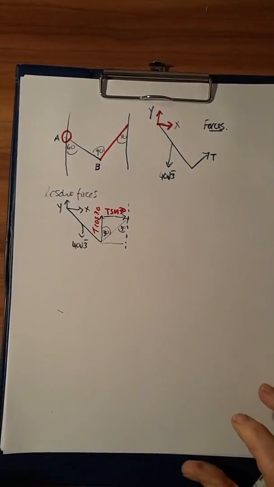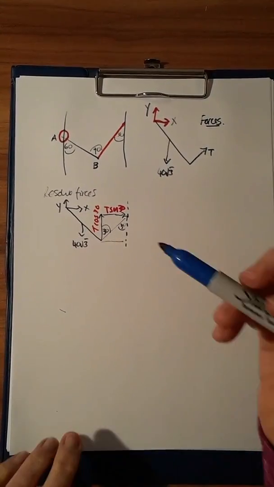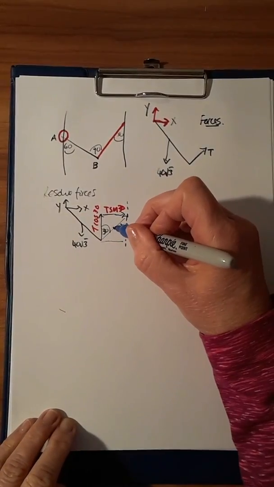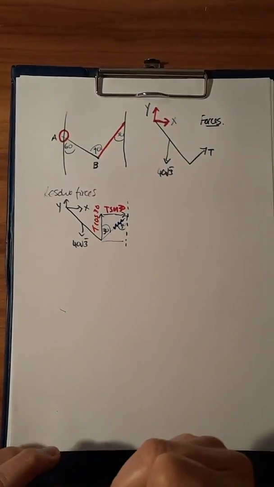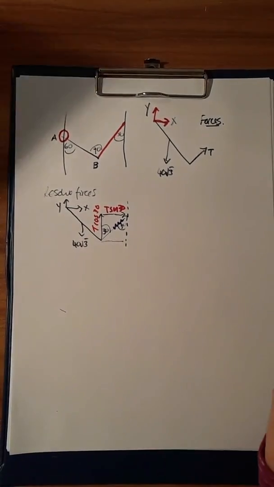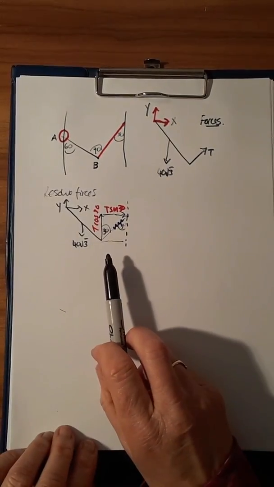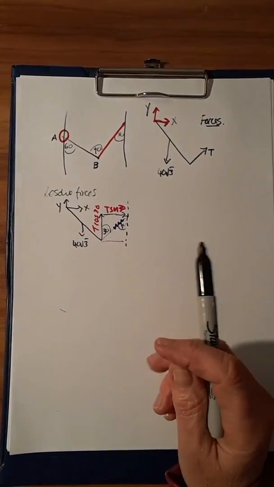Okay, so I'm breaking them up so that I can use them. Now, once I've done that, remember, I no longer want this T. This is gone because I've broken it up into its two components. So don't forget to cross it out. Okay, right then, so that's my forces resolved.